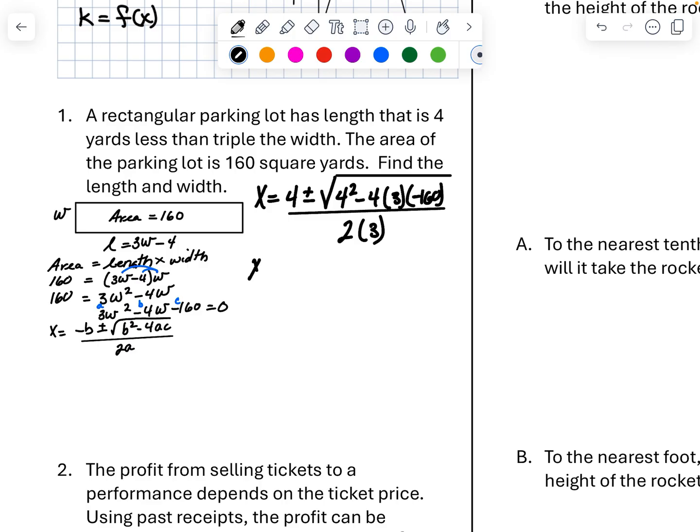So that's going to give me x is equal to 4 plus and minus some enormous number divided by 6.